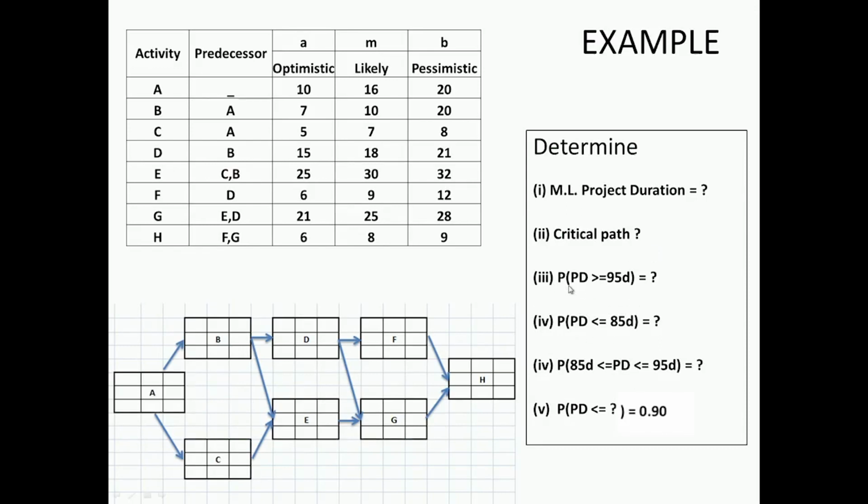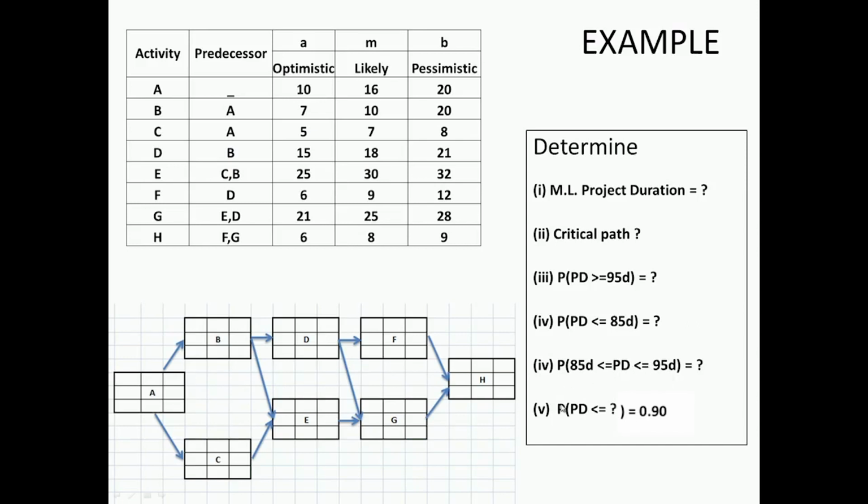We should be able to ask, what is the probability that the project duration is greater than or equal to 95 days? We could not ask such a question in CPM. Or what is the probability that the project duration is less than or equal to 85 days? Or what is the probability that the project duration lies between 85 and 95 days?